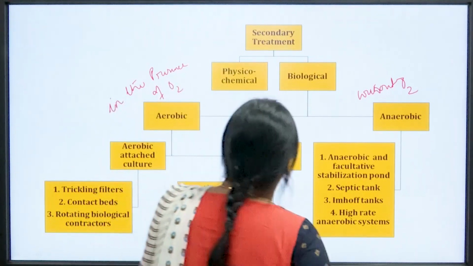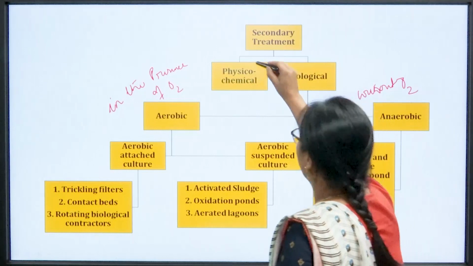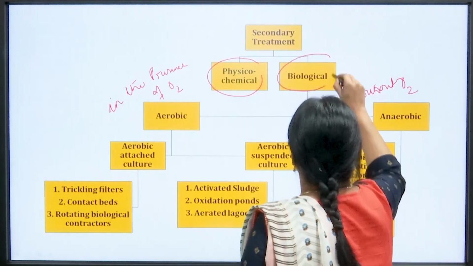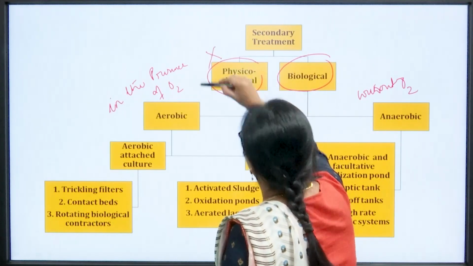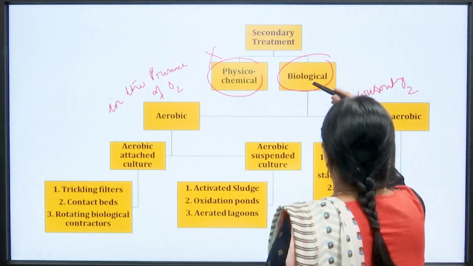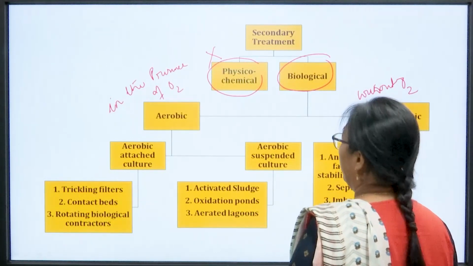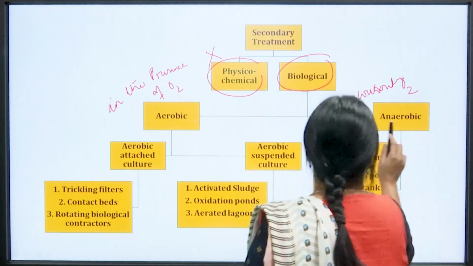So, secondary treatment is either physico-chemical or biological. Physico-chemical you will forget, we are not discussing it. Biological may be aerobic or anaerobic.